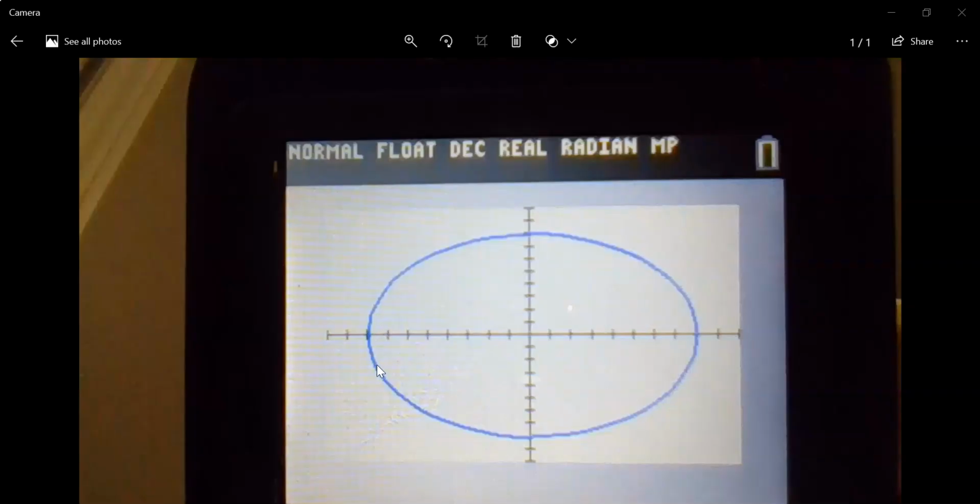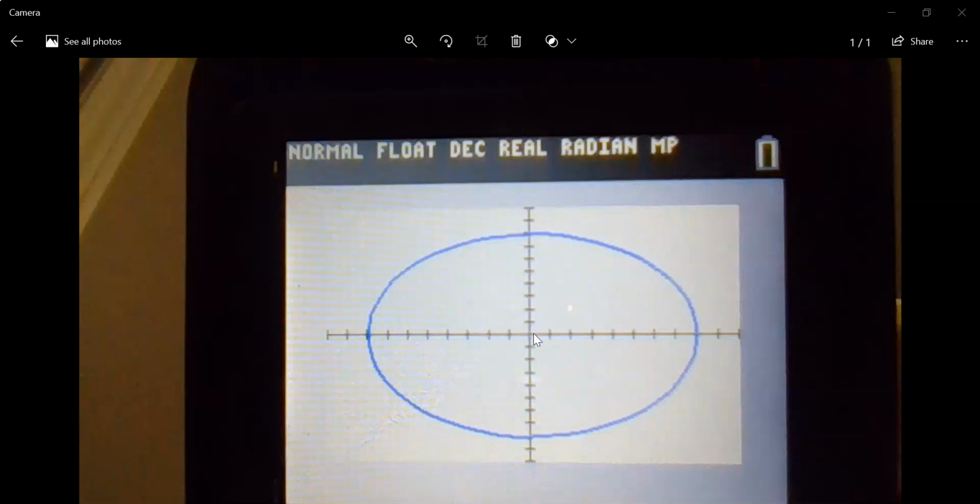So when I graph that, I got this shape. Now, actually, this kind of looks like an ellipse, but it's actually a circle because of the window that I have. I have on the standard window, which goes to an x value up to 10 and a y value up to 10. But you'll notice that because the window has more space left and right, those units are actually wider than the up and down units.